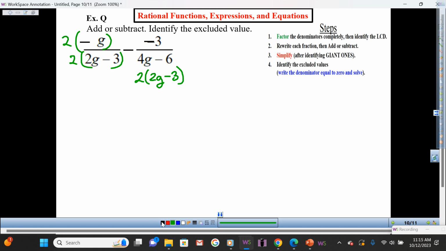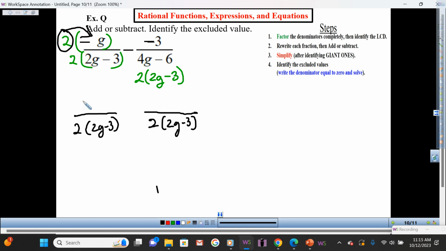So, our common denominator is 2 times 2g minus 3. So step 1, we got it. Step 2, rewrite the fraction for addition and subtraction. So we're going to step 2. There we go. What is 2 times negative g? Negative 2g.